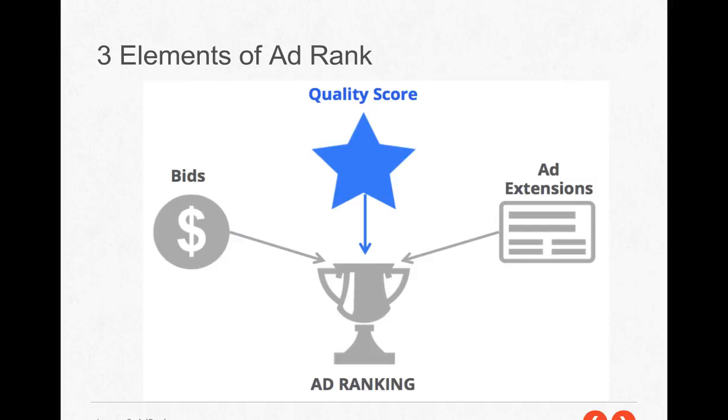If somebody's searching for a specific type of red shoe, the same thing. Again, we're going to dive deeper into this, but a general example of bad relevance is, say somebody's searching for red shoes again, and you have an ad that's just talking about leather shoes.